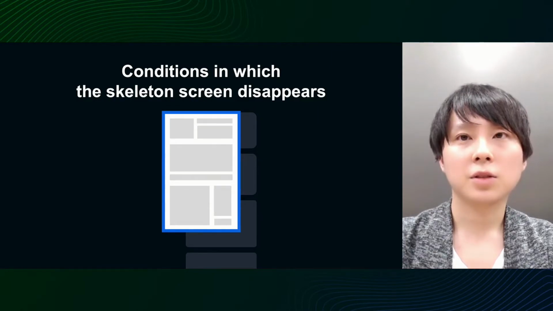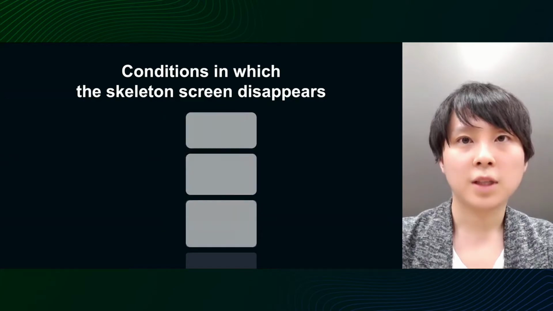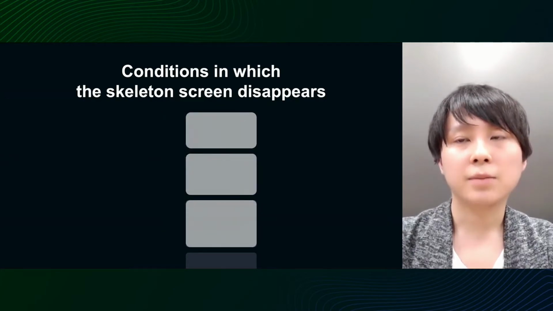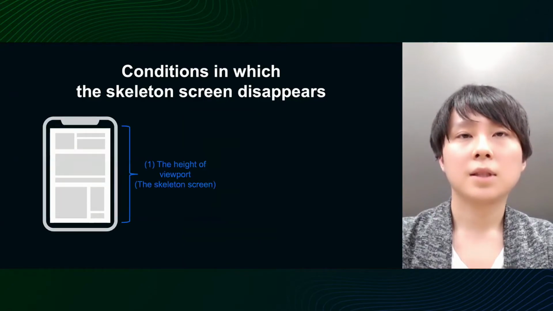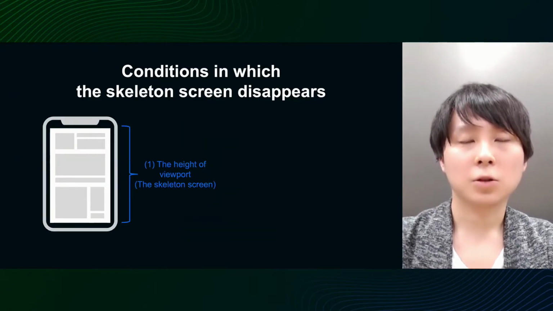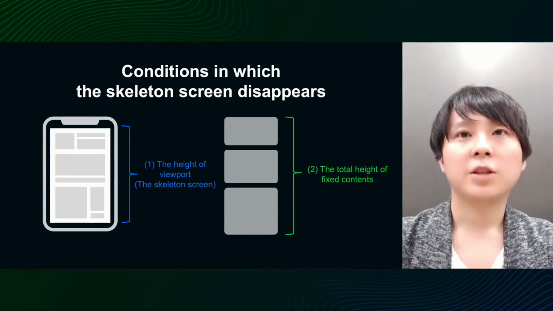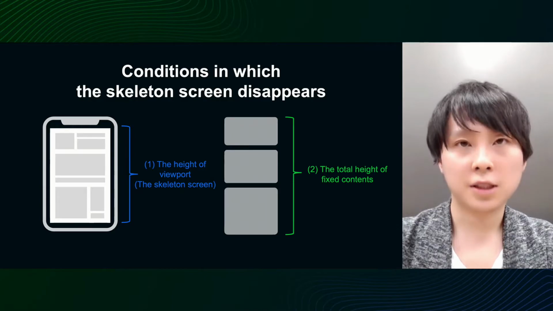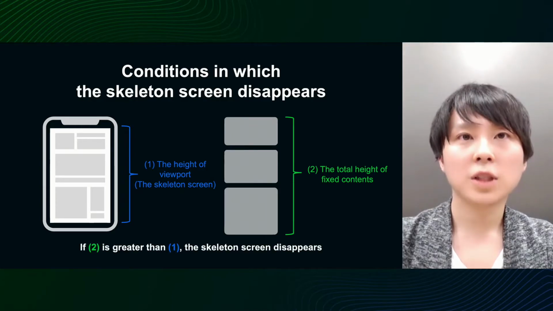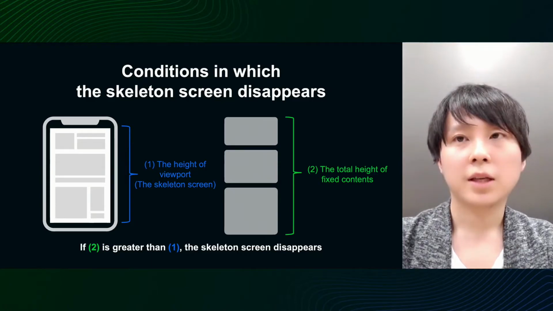The condition to release a skeleton screen that covers the entire screen was when the height of all components drawn in the viewport is fixed. In other words, compare the height of the viewport with the total height of the drawn components behind the skeleton screen, and if the latter is larger, layout shift will not occur and the skeleton screen can disappear.